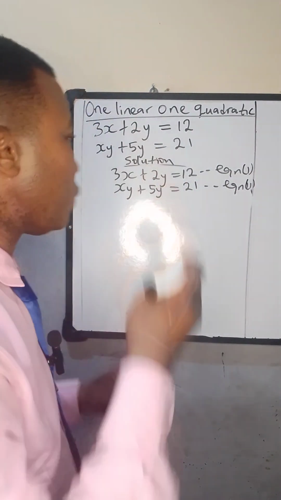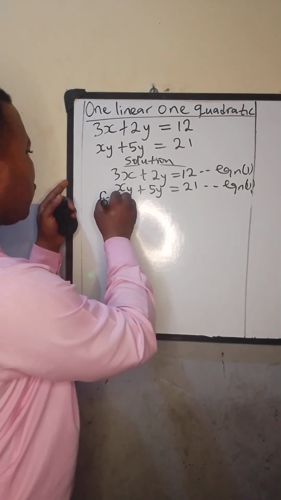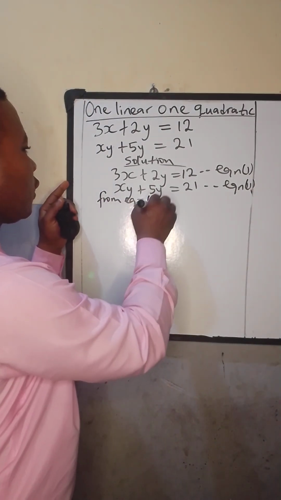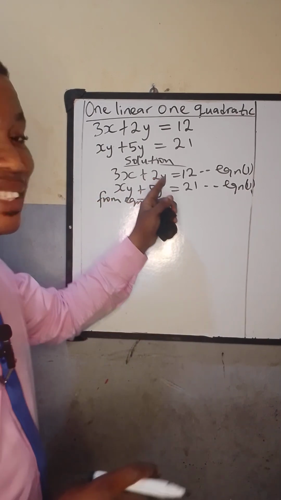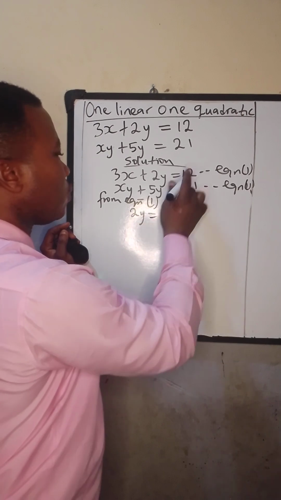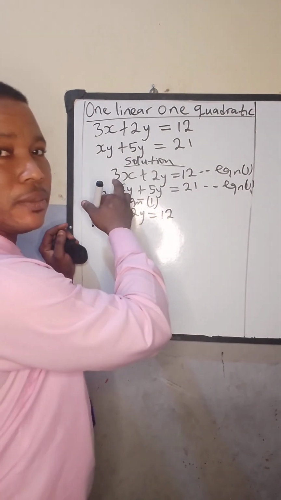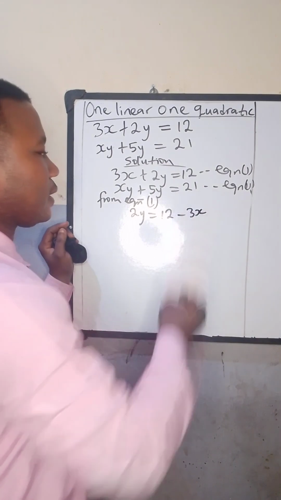The first thing we'll do, we start from equation 1. We make y the subject of the formula, which is now 2y is equal to 12. This 3x crosses to this side, it becomes minus 3x.